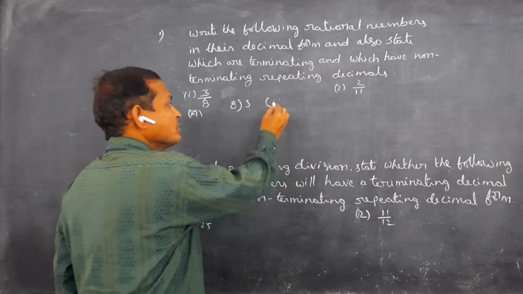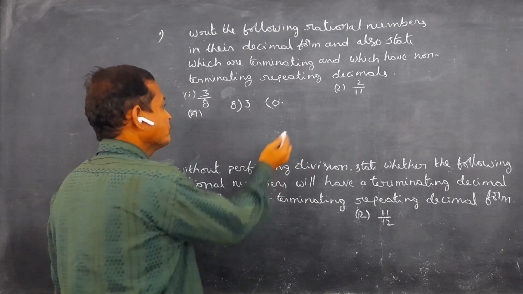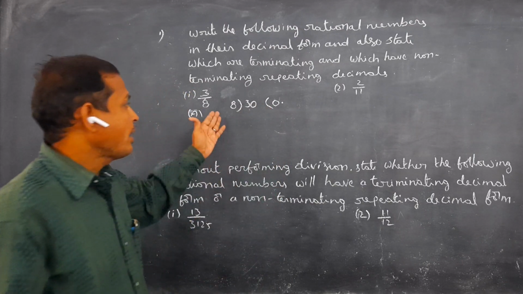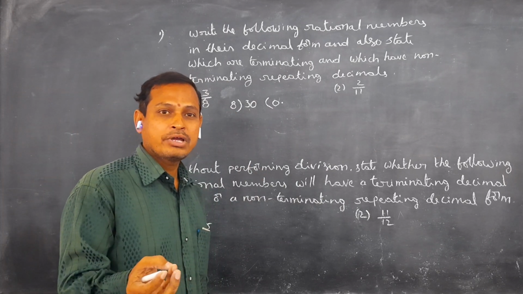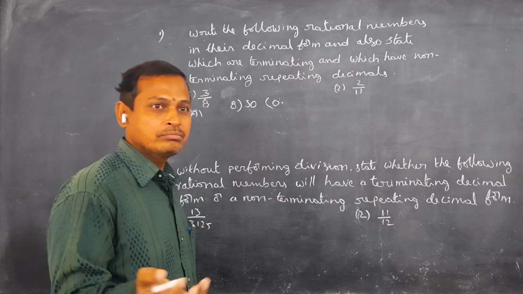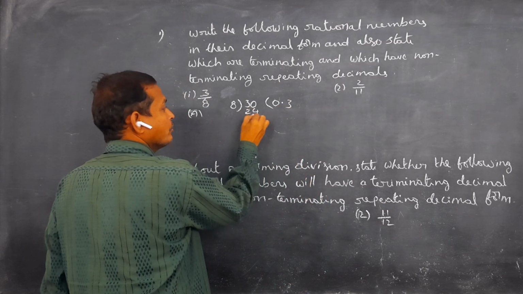So we put 0 and a decimal point, and then we take down 0. 8 table, how many times in 30? 8 ones are 8, 8 twos are 16, 8 threes are 24. So 3 times 8 is 24. What is the required difference? 6. Again we put a decimal point and take down 0. Again, 8 table, how many times in 60? 8 sevens are 56. What is the difference? 4. Again we take down 0.